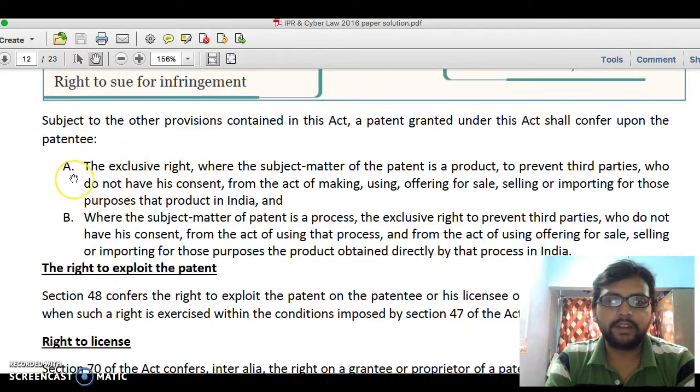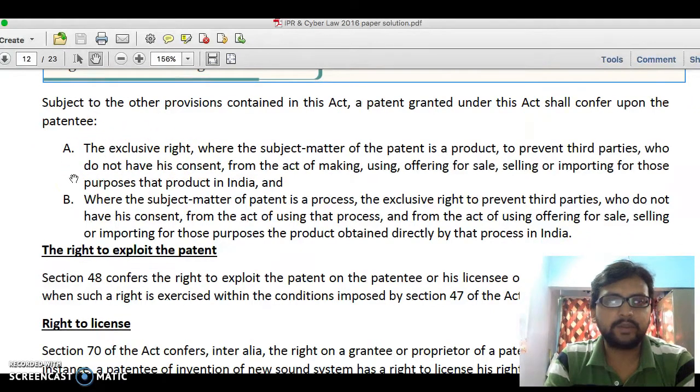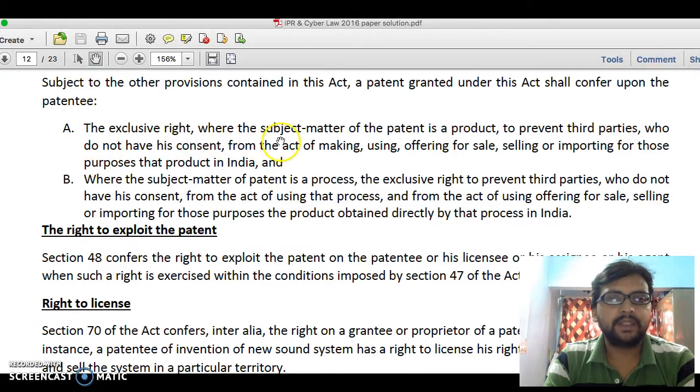Obviously, I can do whatever I want with my idea. That is what we mean by exclusive right. Where the subject matter of the patent is a product, to prevent third parties who do not have his consent from the act of making, using, offering for sale, selling or importing for those purposes that product in India.